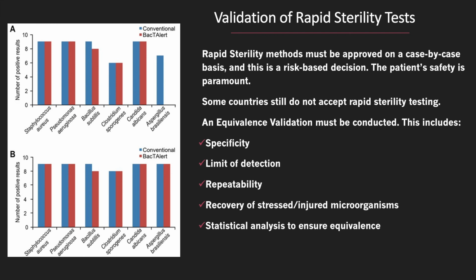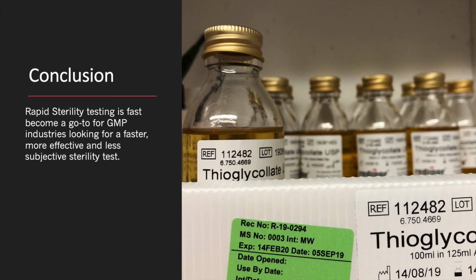In the first run, they couldn't get A. brasiliensis to grow, but upon making adaptations to the protocol, the final validation was successful, and you can see at the bottom that the BacT Alert and the traditional sterility test are pretty much equal, and this was a successful validation. So in conclusion, rapid sterility testing is fast becoming a go-to for GMP industries looking for a faster, more effective and less subjective sterility test.